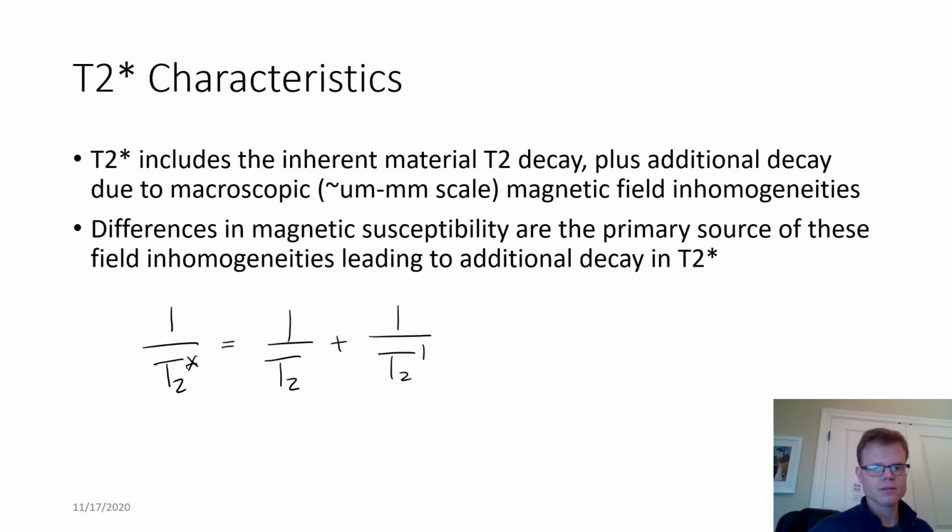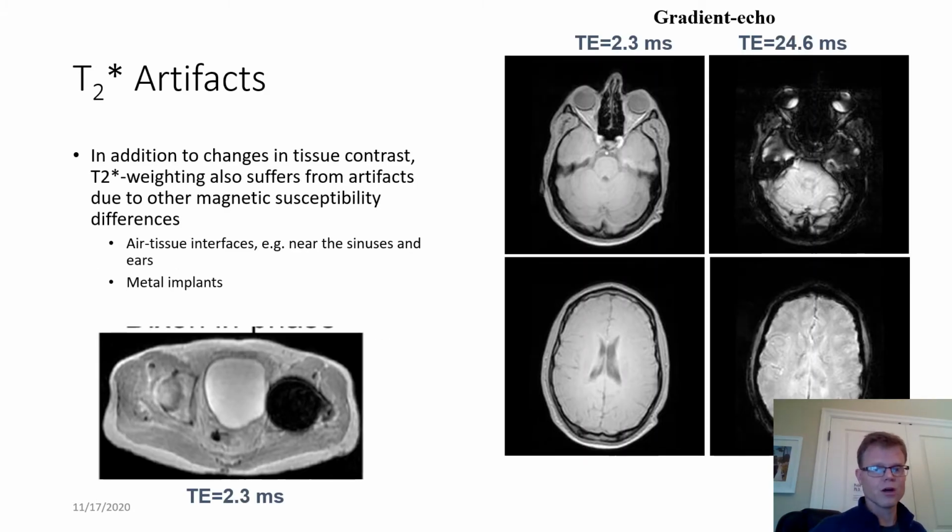Okay, the next artifact is more of a refresher. We'll go a little quickly through this, but this is T2 star. Recall that this is both the inherent material T2 decay plus additional decay due to the macroscopic magnetic field inhomogeneities, such as what we've discussed, magnetic susceptibility. And this can be quite large and create substantial artifacts.